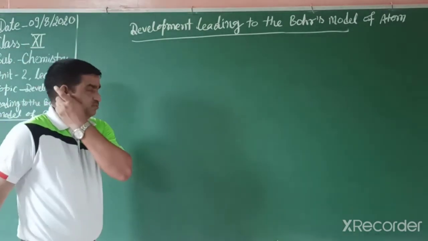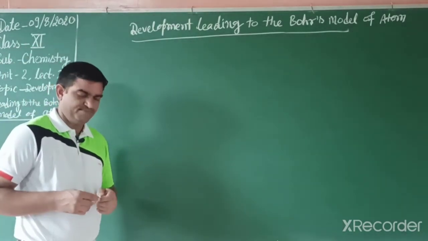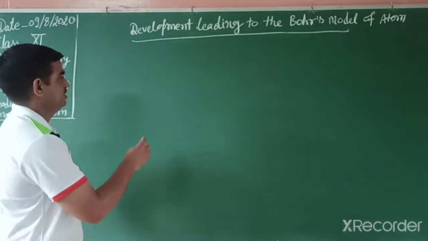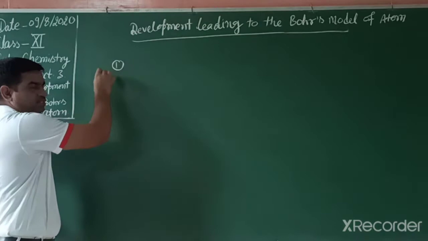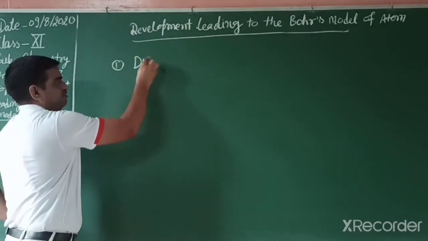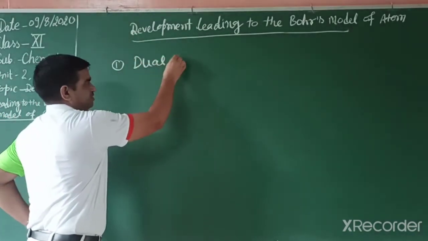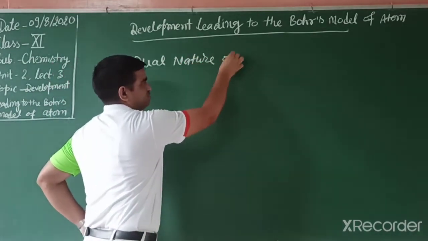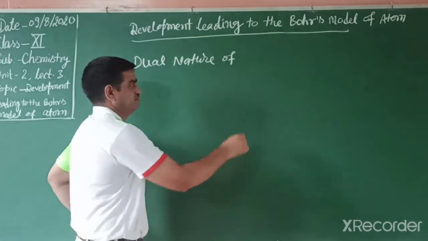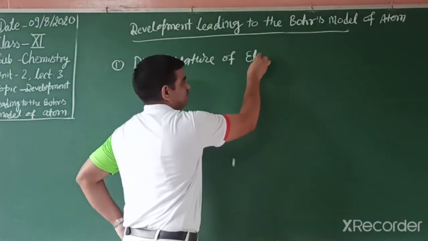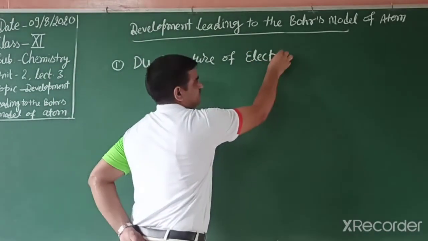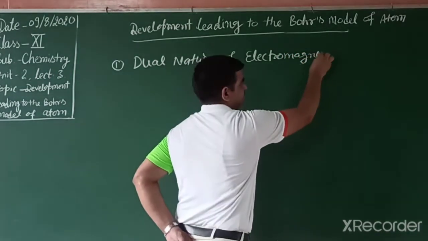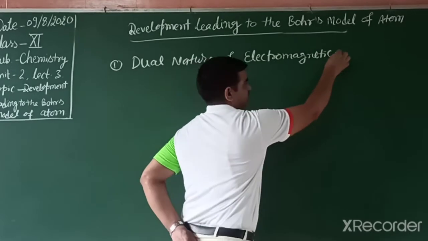To understand the Bohr model of the atom, two important phenomena we have to study before it. The first one is the dual nature of electromagnetic radiation.